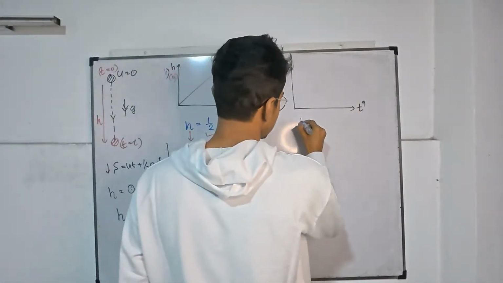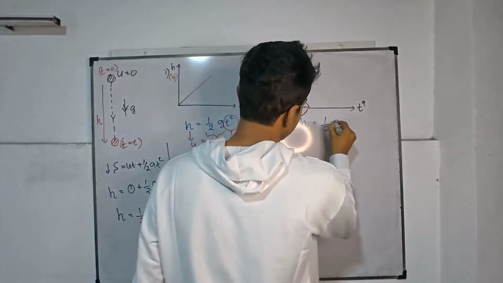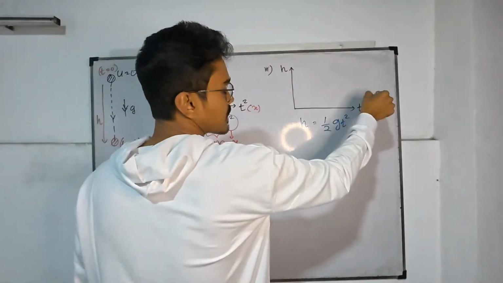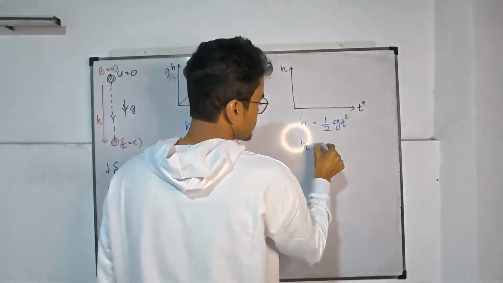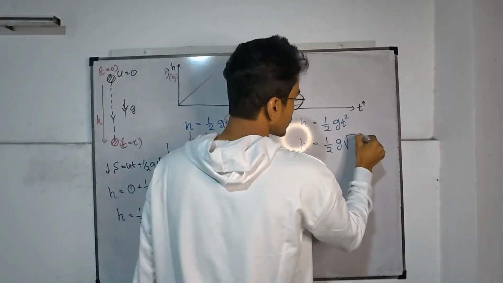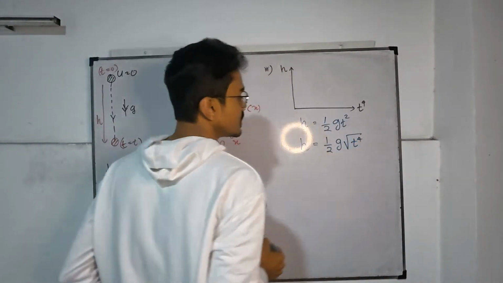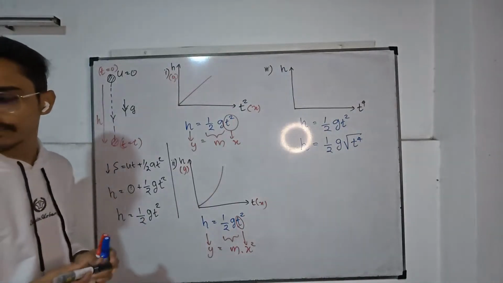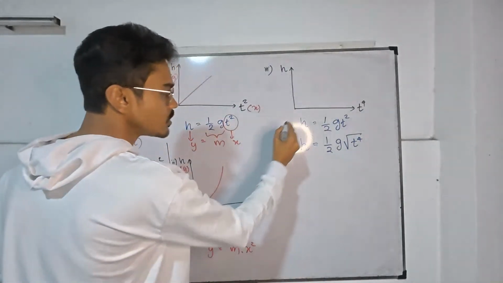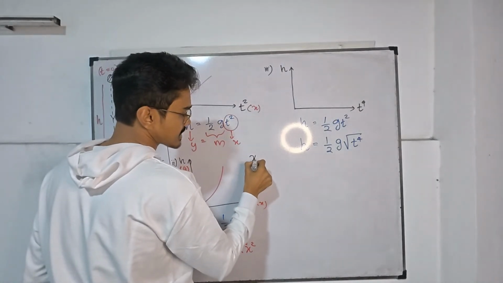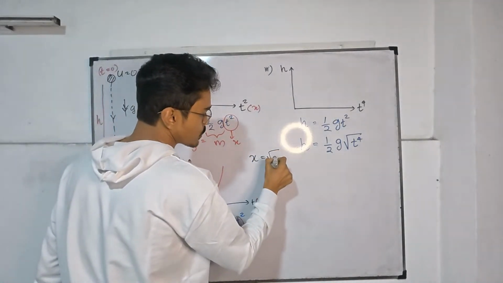My equation is h equals half g t squared, right? So I can include t to the power 4 in the same equation as half g root t to the power 4. No harm to the equation, because x can be written as root of x squared.